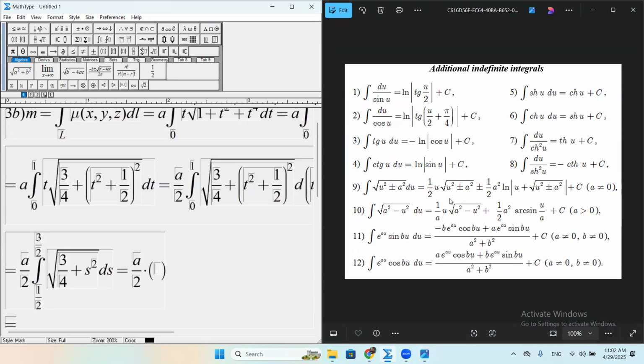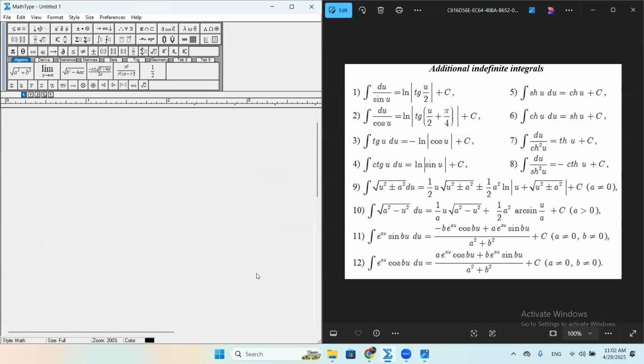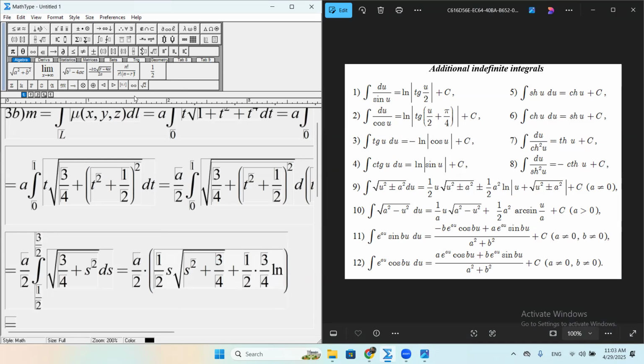In our case, we have 1 over 2 s times the square root of s square plus 3 over 4, plus 1 over 2 times 3 over 4 times the logarithm of s plus this square root.